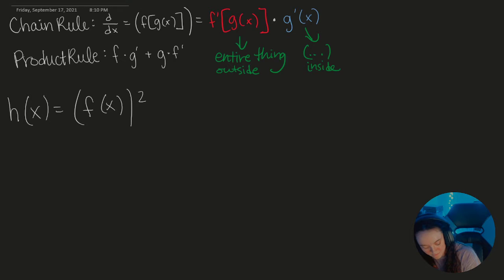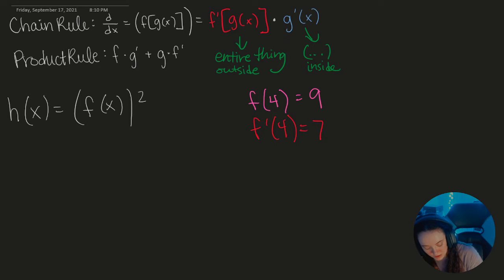Okay? And it gives us our f of 4 equals 9, and our f prime of 4 equals 7.